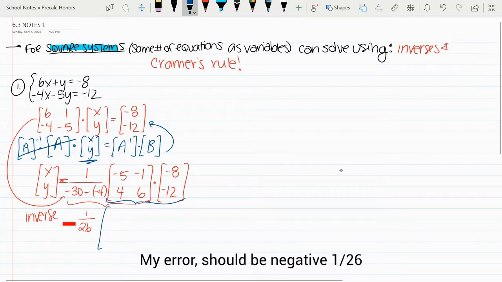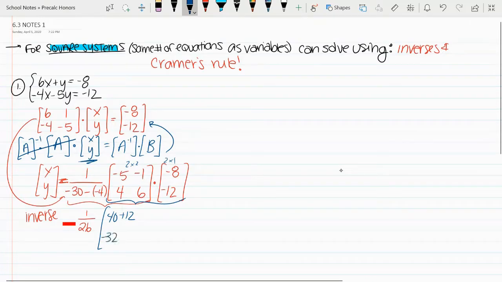So taking my time, I get -5 times 8, so -40, plus 12, with a 2 by 2 and a 2 by 1. So this is going to be 2 by 1, which makes sense for our variables. And then I have 4 times -8, which is -32, minus 72.